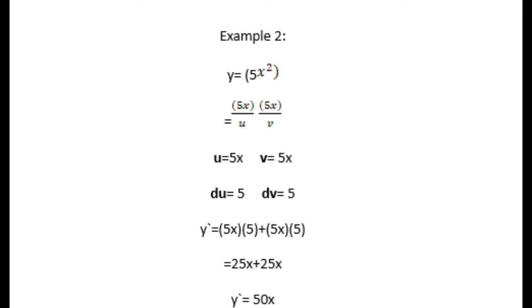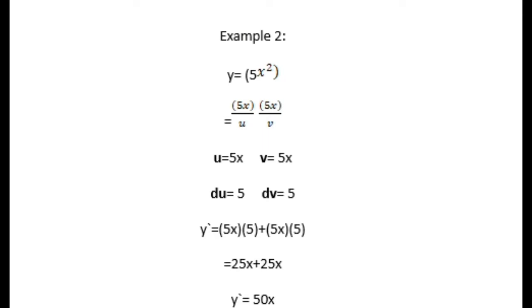Then, let's put things together. So, u dv, so u is 5x. Then, the derivative of v is 5. Plus, the second function, which is v, is equal to 5x, and times the derivative of u, which is 5.